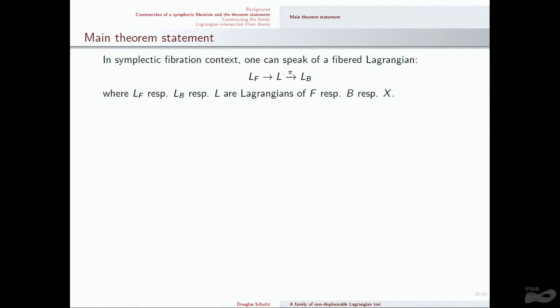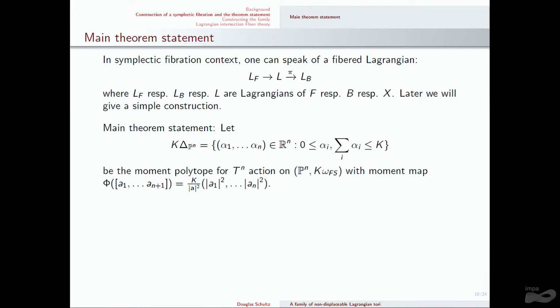To be a Lagrangian in the total space, it needs to be invariant under parallel transport along LB, and the weak coupling form should be 0 along the tangent space to LF, and also along this horizontal distribution restricted to L. We're going to give a construction later. I guess it's typical in this situation.